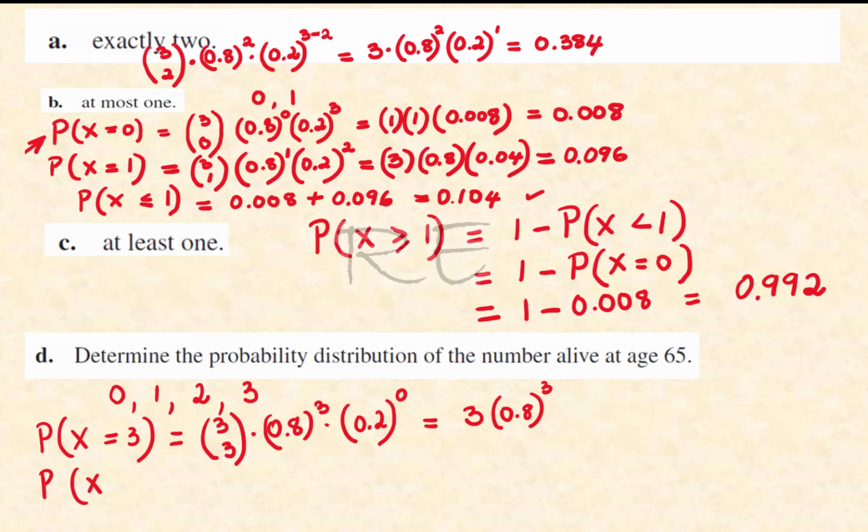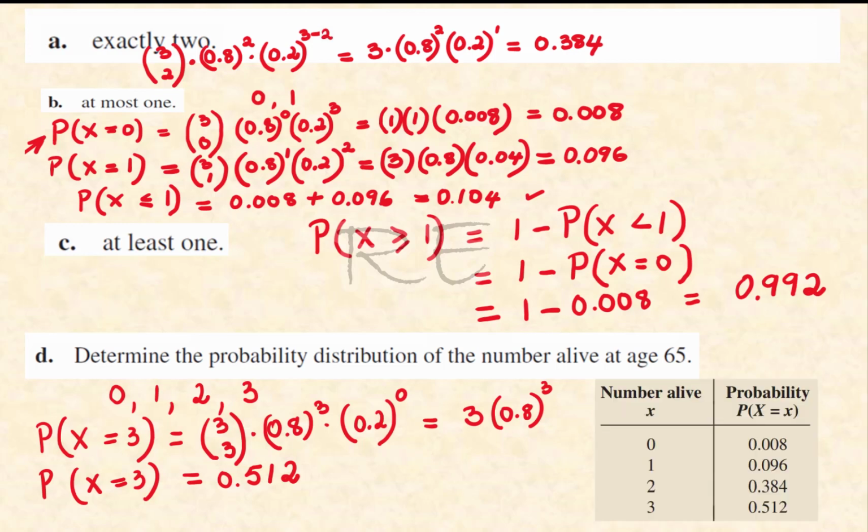So P of X equal to 3 is equal to 0.512. Same result as before. And here's a picture of the probability distribution table that we found.